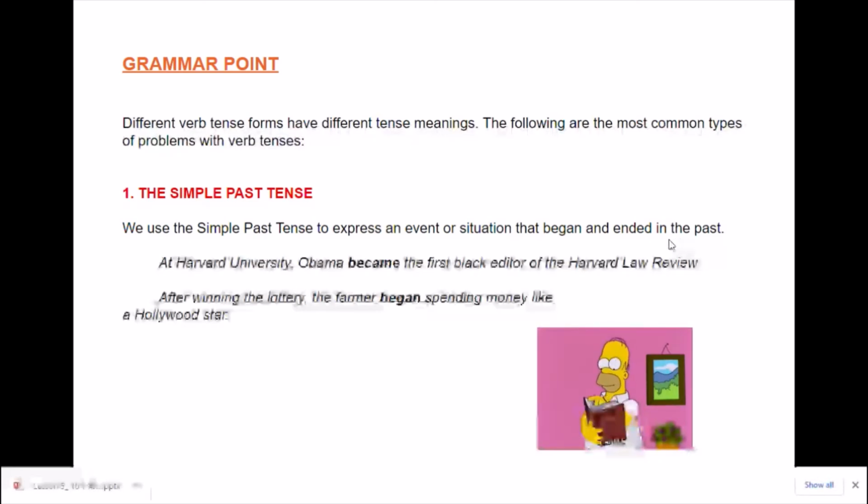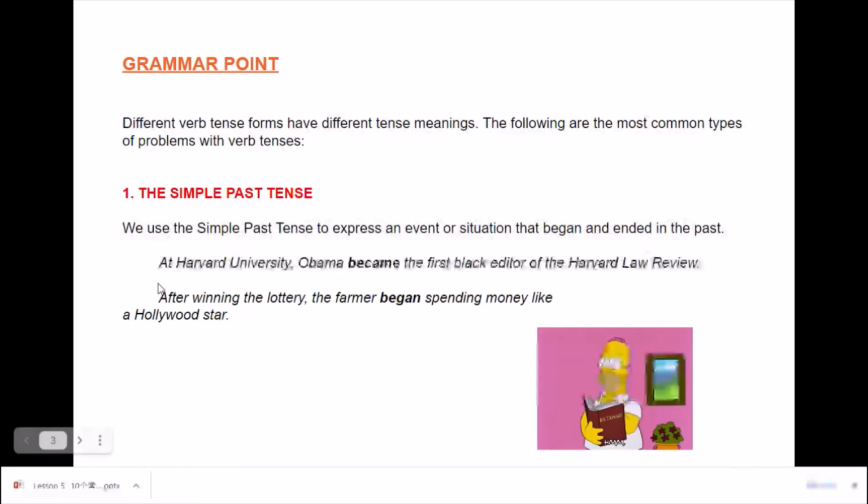Notice the words began. That means something began in the past, and something ended in the past. That means at the time of speaking, when we are talking about it, it has ended. Okay? That's called the simple past tense.